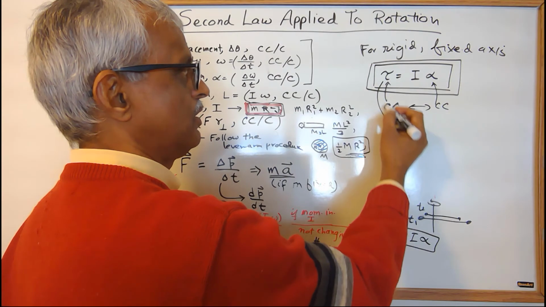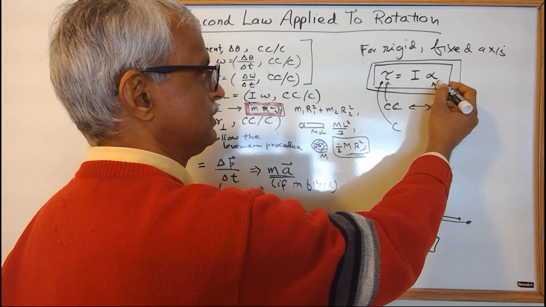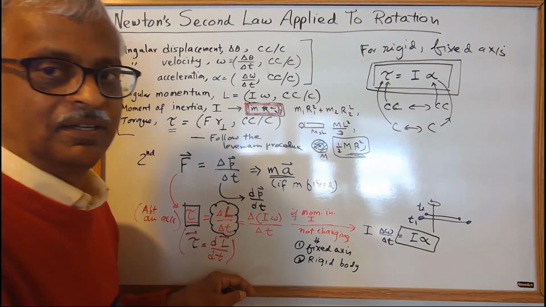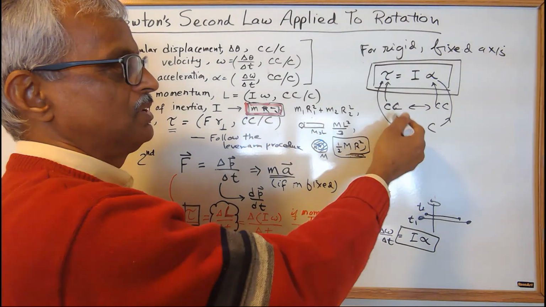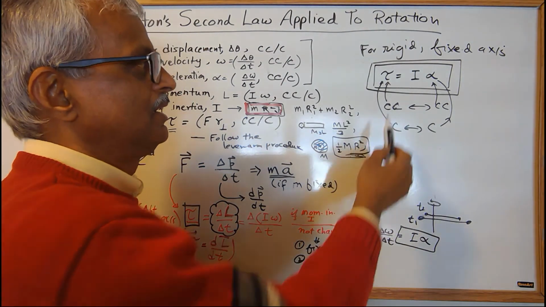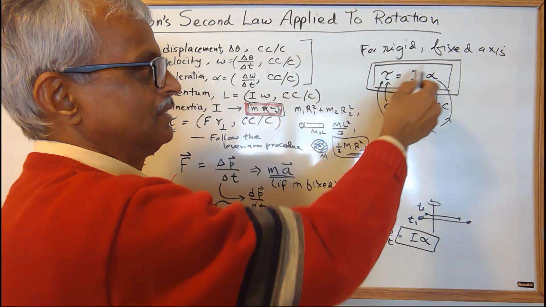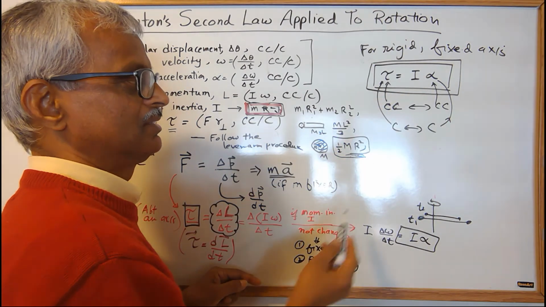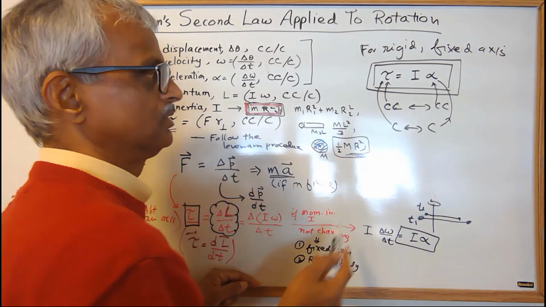If this has a clockwise sense, then alpha will also be clockwise. And if you want to put a plus or minus, if this turns out to be plus, then this will also be plus. If this is minus, this is minus. Equation-wise it makes sense, but this is the direction.